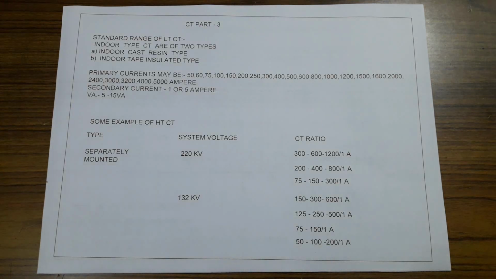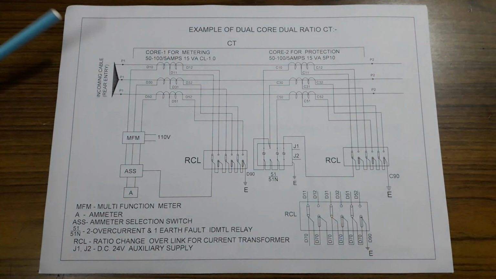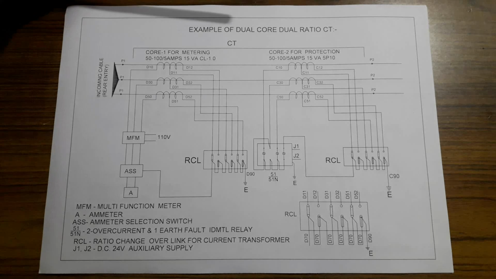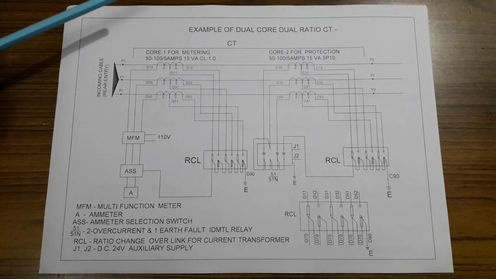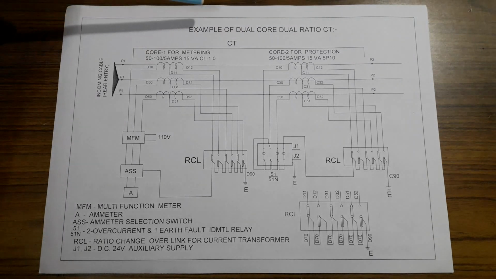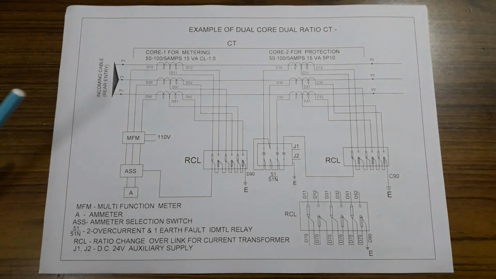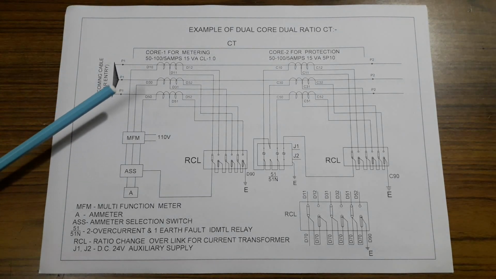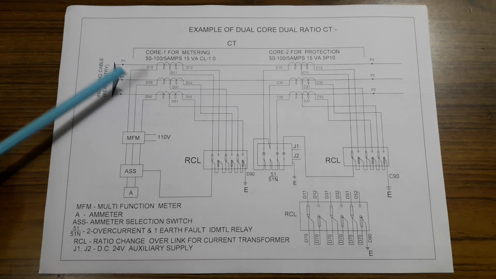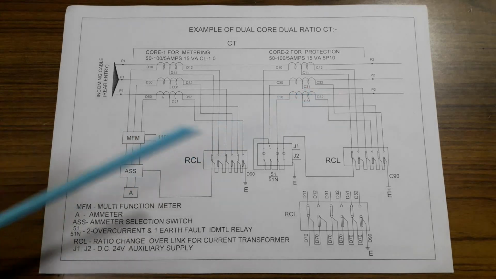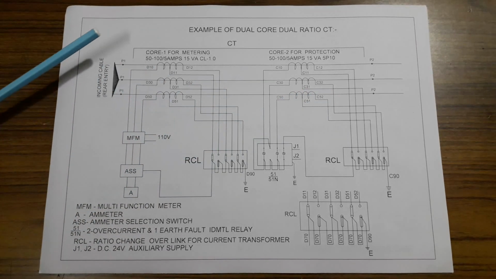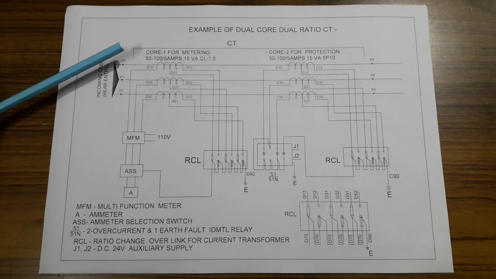Okay, next. Here is the example of dual core dual ratio CT. There are two cores, one for metering and one for protection CT. Core 1 for metering.